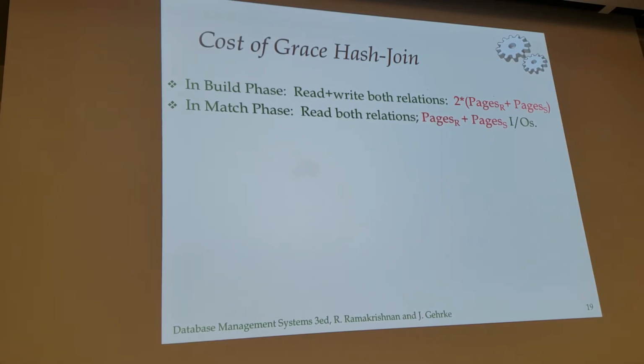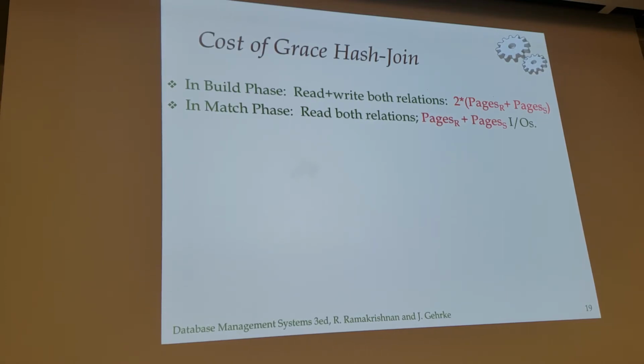Okay? And now, what about the match phase? If everything fits nicely inside memory, same deal. I read all of R, and I only have to read S once if R fits inside memory.